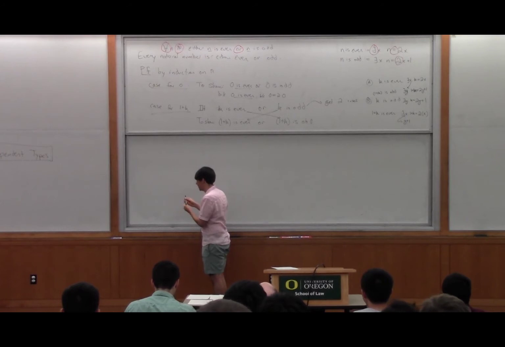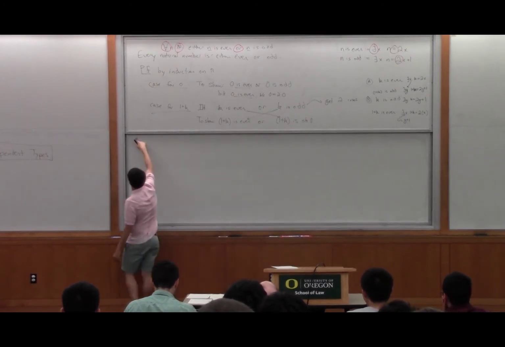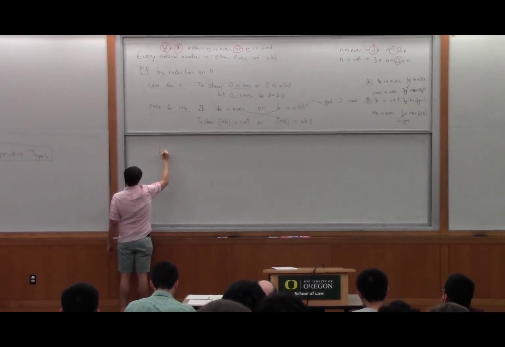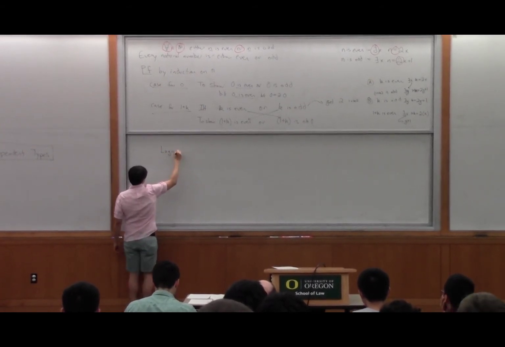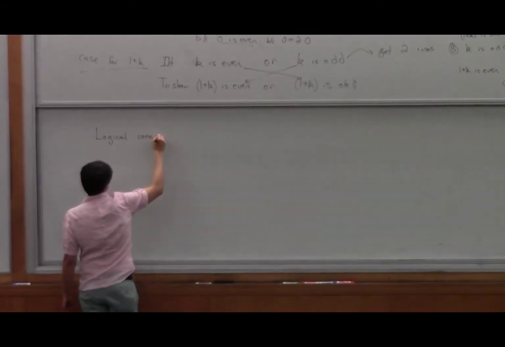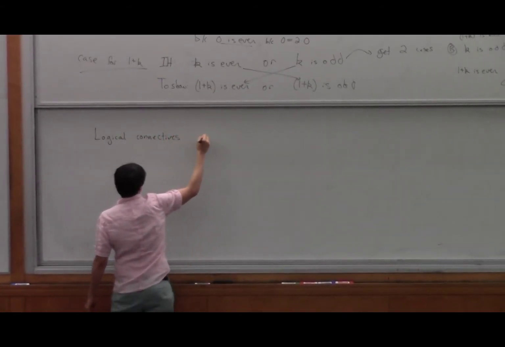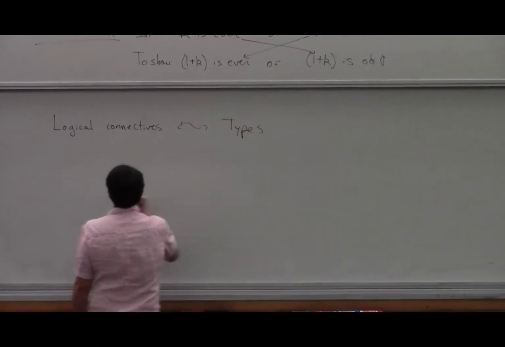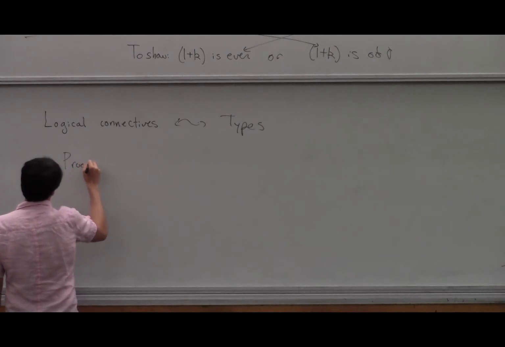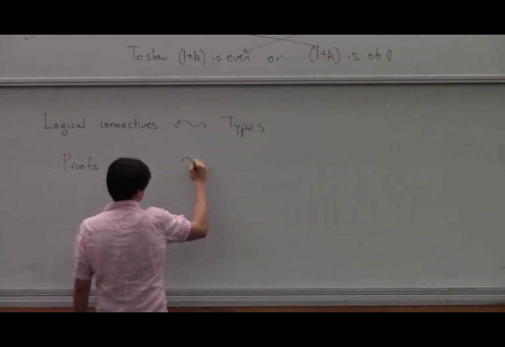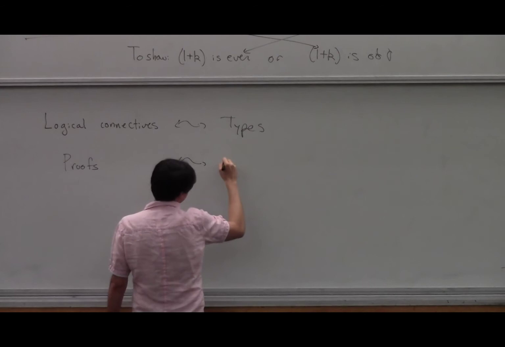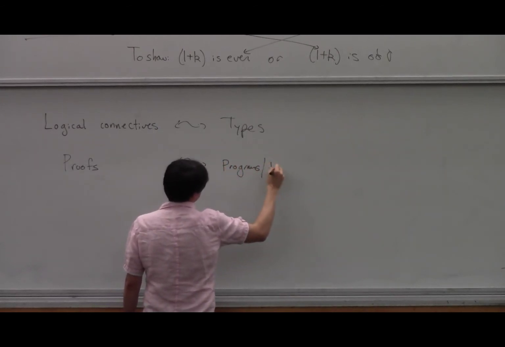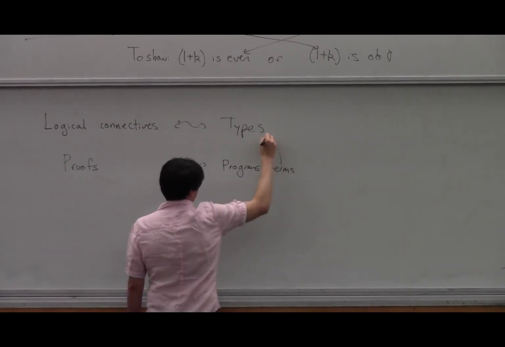And the cool thing that's going to happen is that there's an analogy where the logical connectives correspond to types, and the proofs of those propositions correspond in a certain sense to programs or terms that have those types.